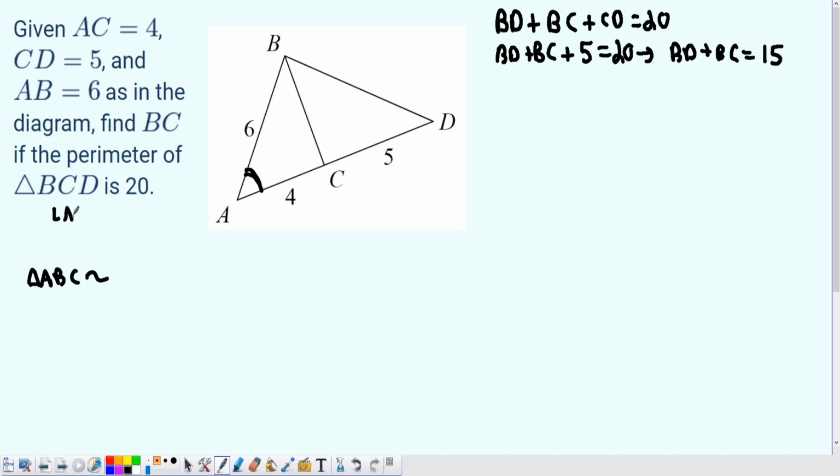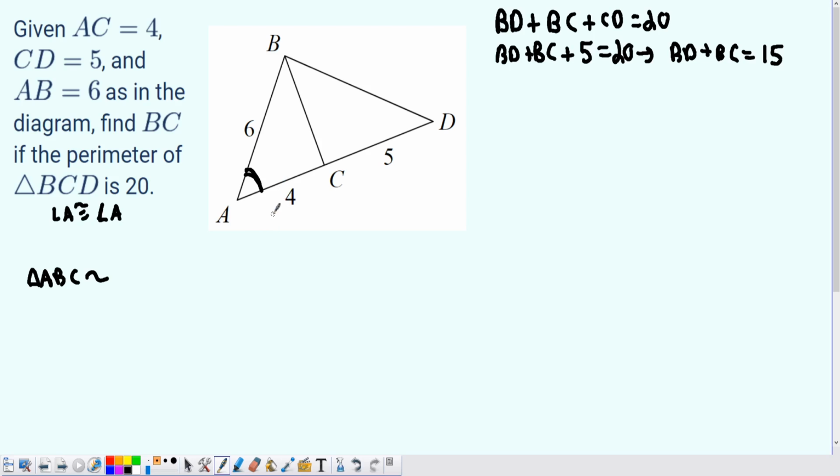Angle A is equivalent to angle A, or congruent, I should say. Now, side-angle-side tells us to check whether the sides are proportionate or not. So, are they?